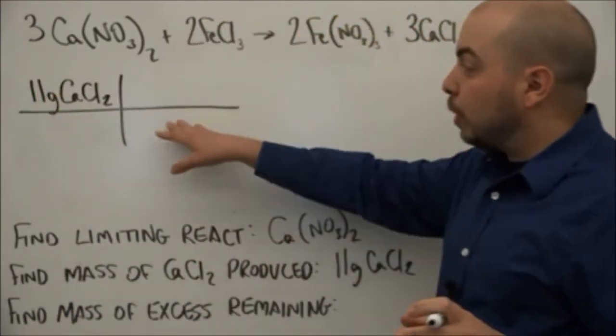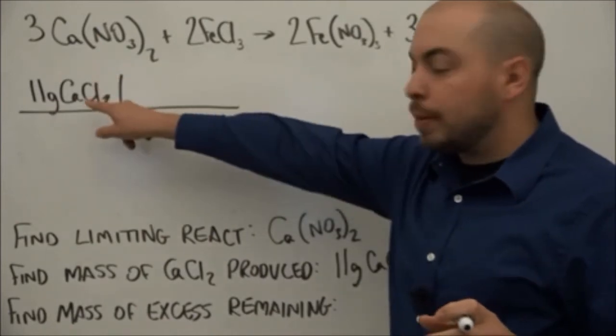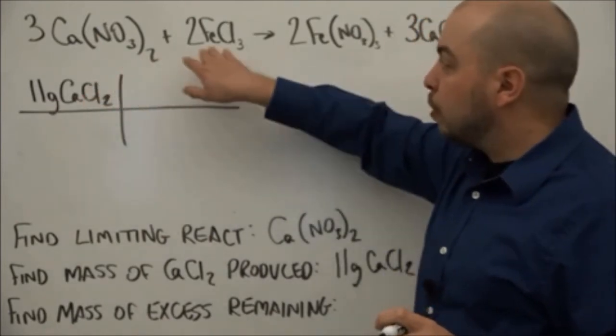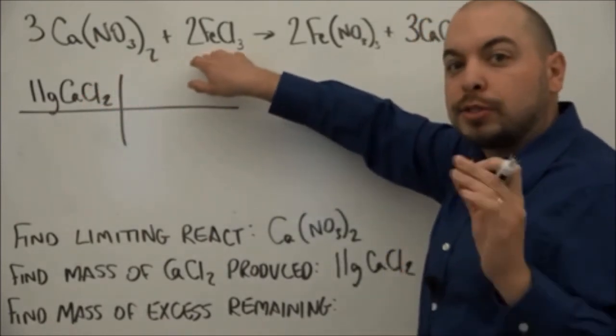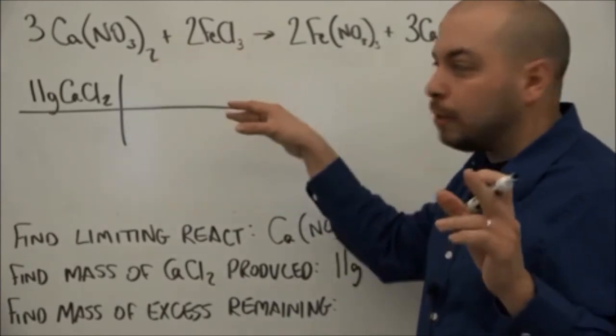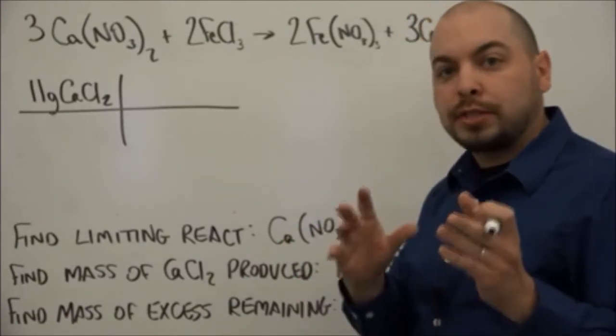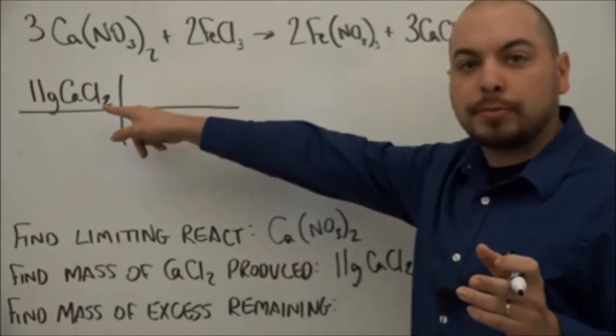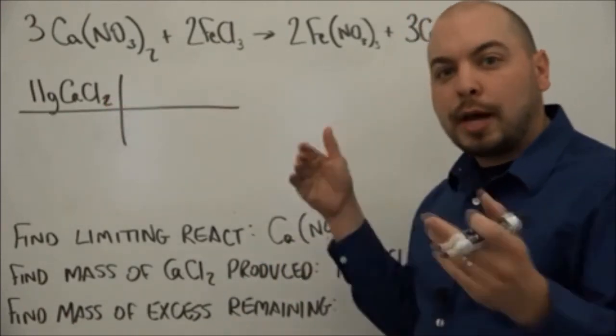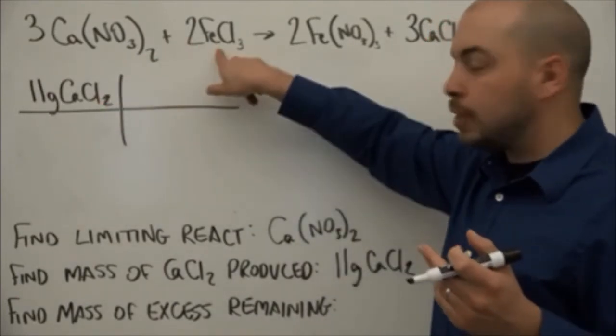We're going to now use stoichiometry to go from grams of calcium chloride to grams of iron chloride. Now, as a result of this stoichiometry, what we're actually finding is how much iron chloride was used over the course of this chemical reaction to produce 11 grams of calcium chloride. So we're going to use stoichiometry to get from here to here.